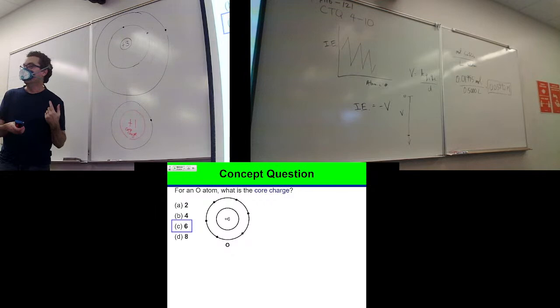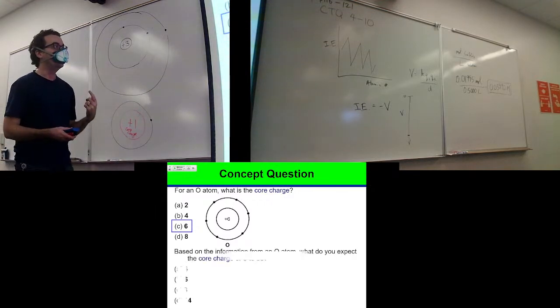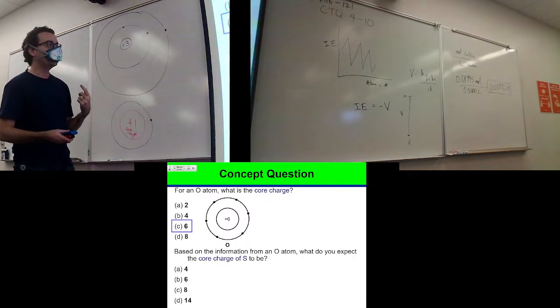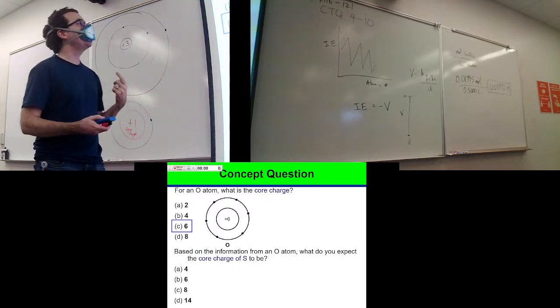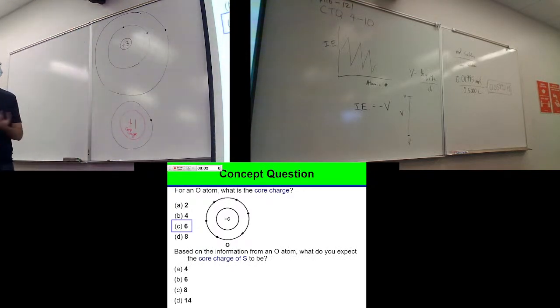There's a pattern here, if you've seen it, but we'll talk about this. So, based on the information from an oxygen atom, what do you expect the core charge of sulfur to be? Let's just take a guess.